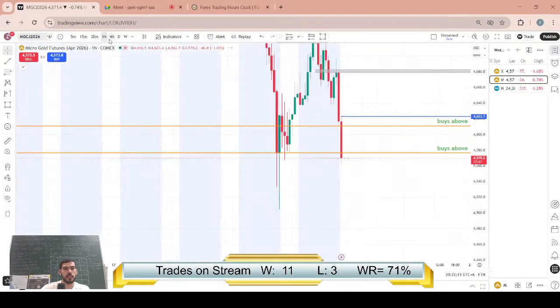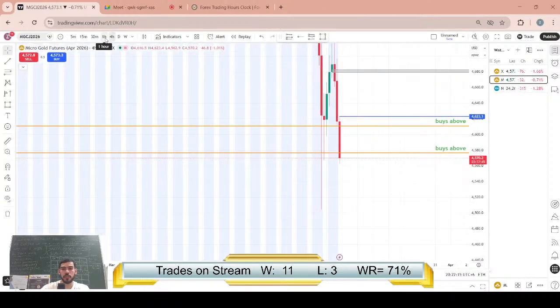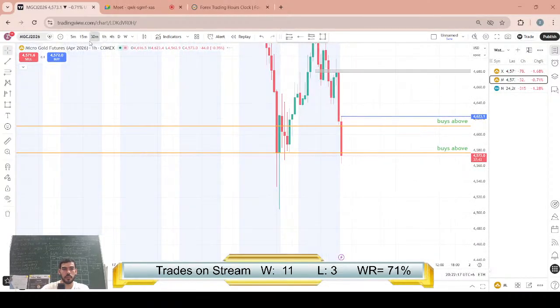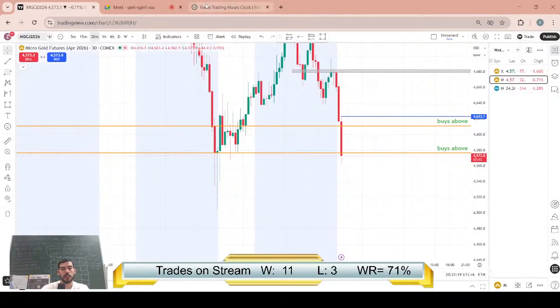It's been a little bit difficult to find a trade for gold in the New York session recently. Very difficult to find the trade. I think it's because of this war uncertainty and what's happening. Maybe that's why it's difficult.